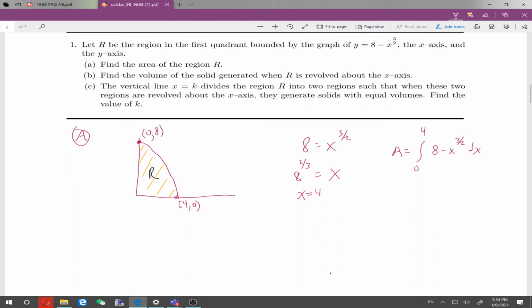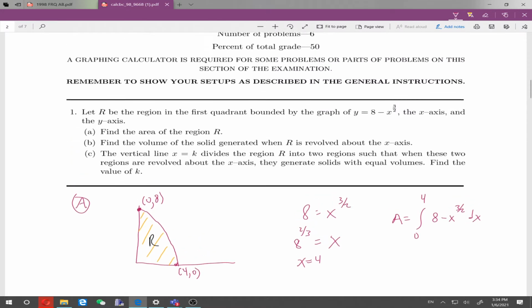And if you plug it into your graphing calculator, you get the area is 19.2.